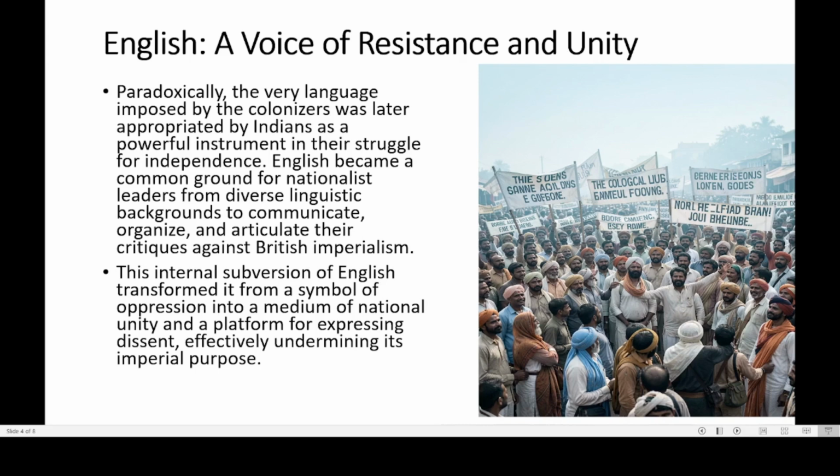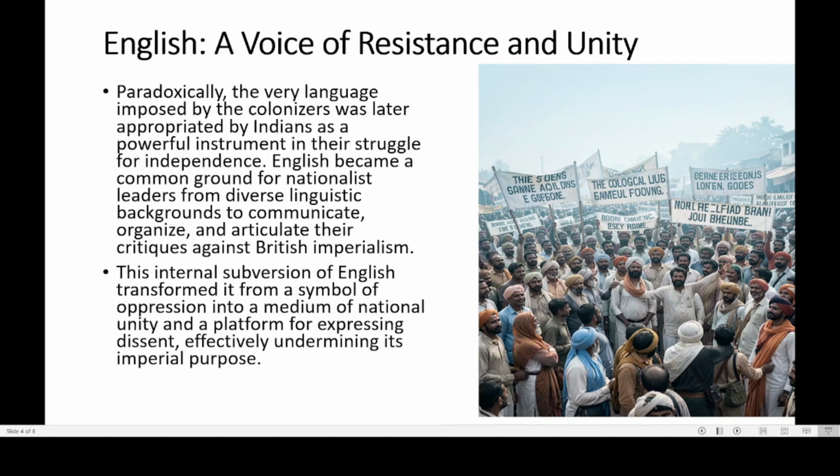For example, many famous leaders wrote and spoke in English. For example, Jawaharlal Nehru, Mahatma Gandhi, and Dr. Bhimrao Ambedkar. They used this language to explain India's problems to the world. So, this language that once represented colonial power slowly became a language of debate, protest, and national unity.